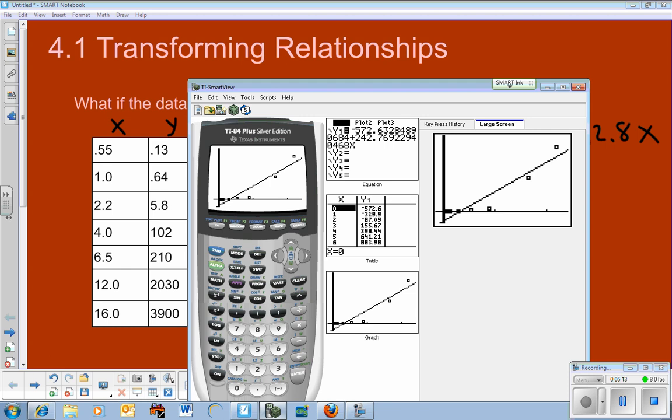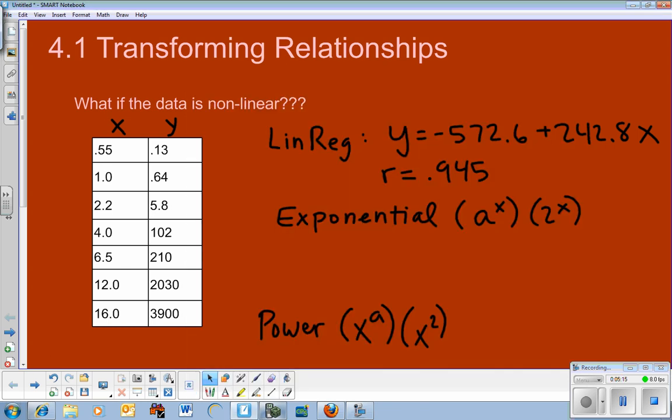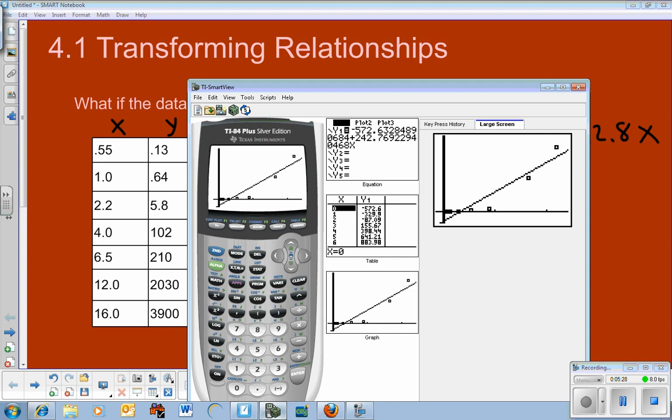In exponential, the opposite of exponentiation is logarithms. So in order to straighten out the curvy graph, if it's exponential, we need to take the log of y. If we graph x versus the log of y, then this curvy pattern, if you remember what a log graph looks like, a log graph kind of looks like this, which is the inverse of exponentiation.